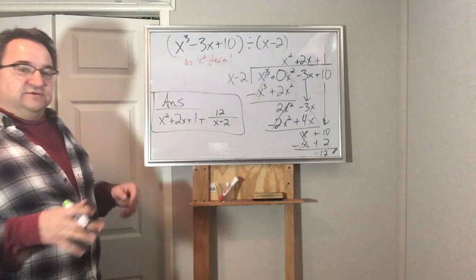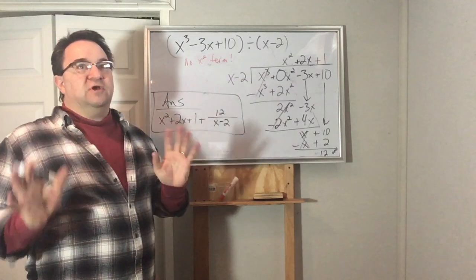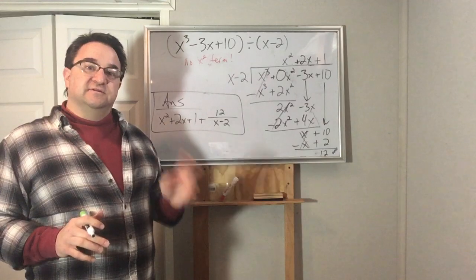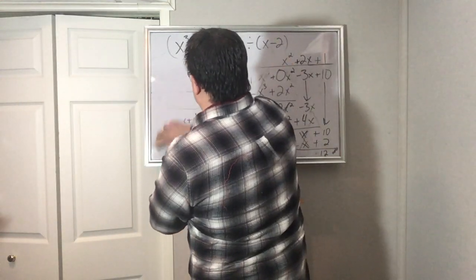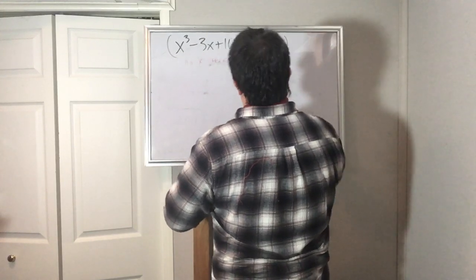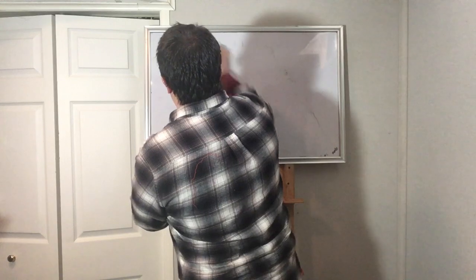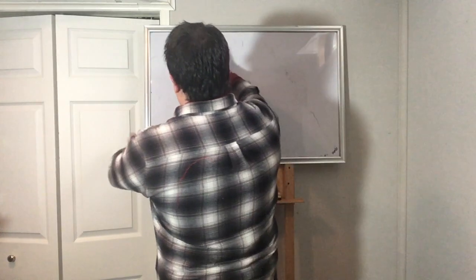All right, we'll crank this up one more level of difficulty, and then we're going to change tracks and do the shortcut way, synthetic division. Okay.